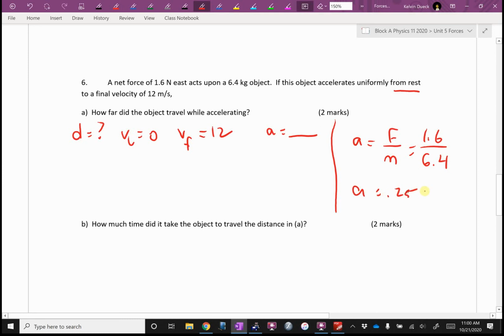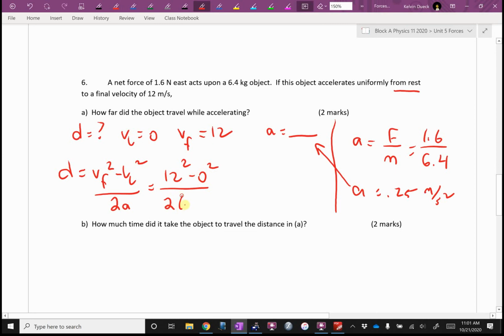The acceleration is 0.25 meters per second squared. I said, cool. D equals VF squared minus VI squared all over 2A. 12 squared minus 0 squared all over 2 times 0.25. I can do this in my head.